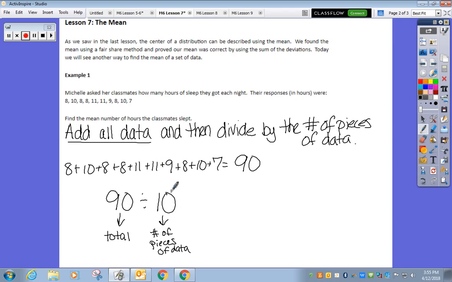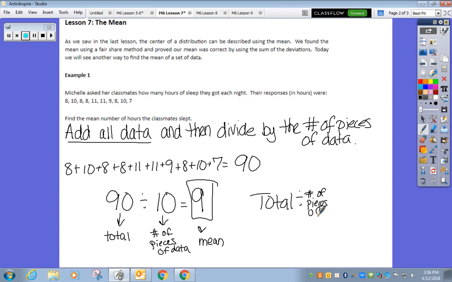So that's where this 10 is coming from. If I do 90 divided by 10, I get 9. So in this case, my mean is 9. So again, it's the total divided by the number of pieces of data, and that's going to equal the mean.